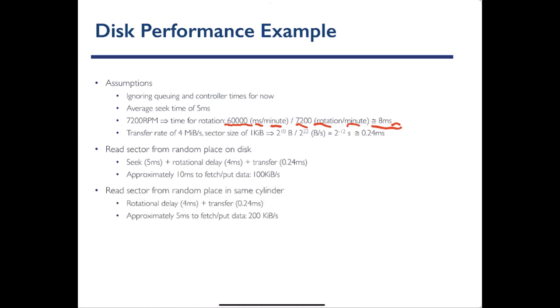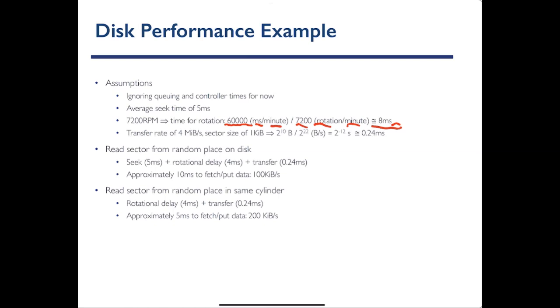Now, let's assume that you want to read a random sector on the same track that your head is currently on. So this means that you're not going to pay any seek time. So you get rid of the seek time.